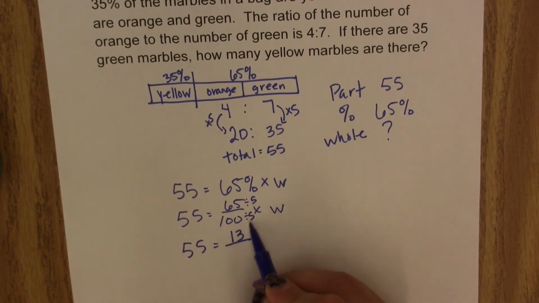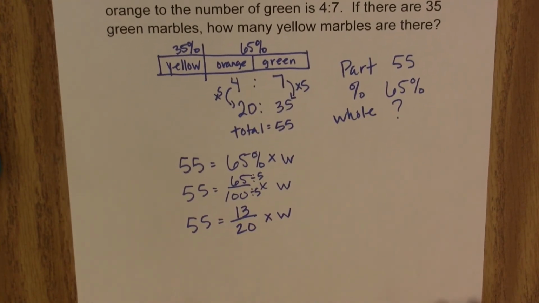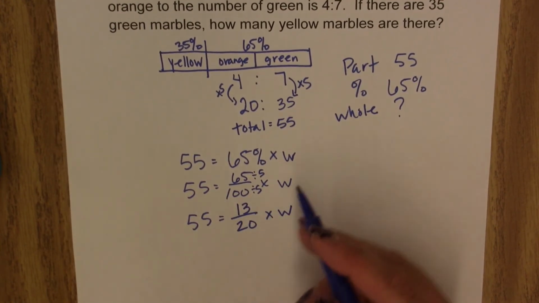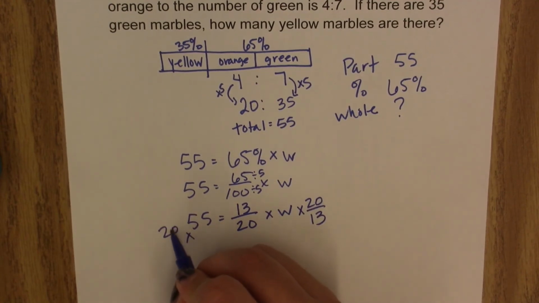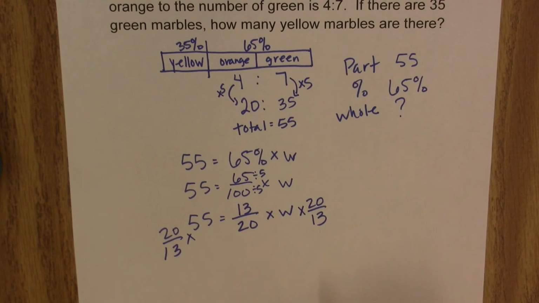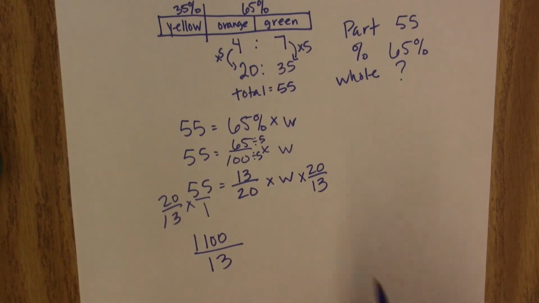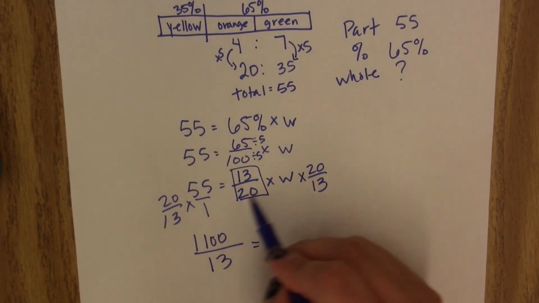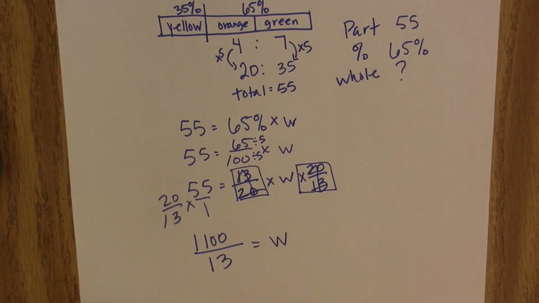And then 100 divided by 5 would be 20. Now to solve this, I would multiply by the reciprocal. So times 20 over 13. All right, 20 times 55 is 1,100. 13 times 1 is 13 equals. Then this part right here all turns into a 1, so we're left with our whole.